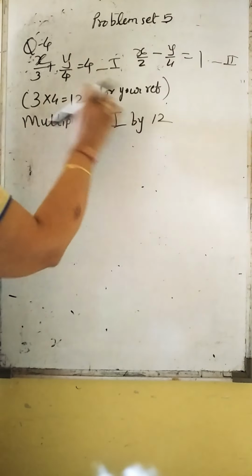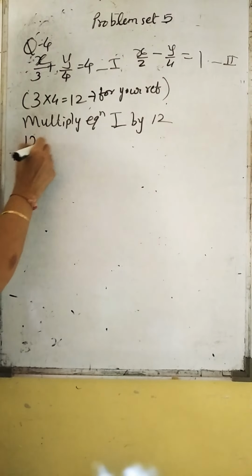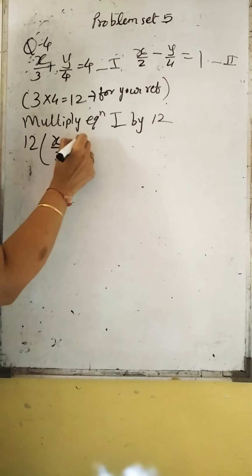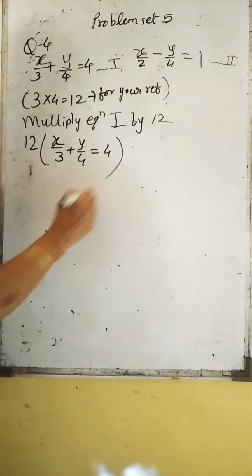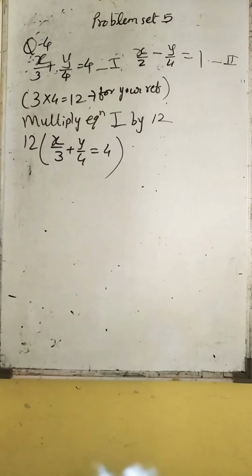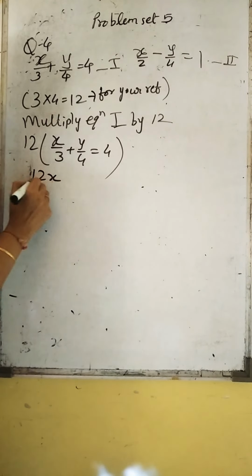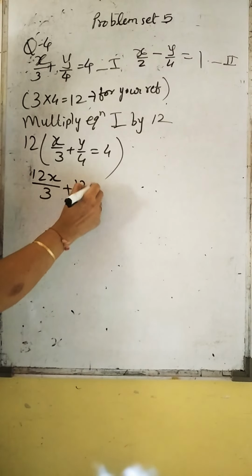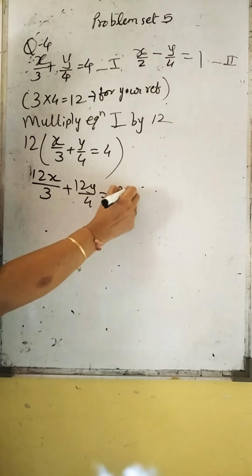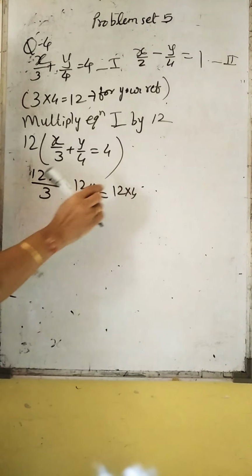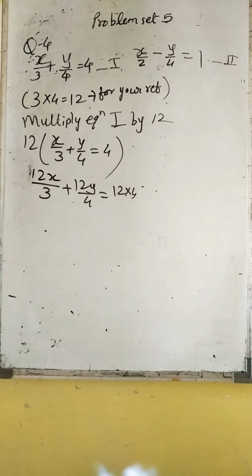Why do we have to multiply by 12? Because 3 4s are 12. So multiply by 12. And please observe the way I am doing the multiplication, because many children make mistakes in doing the multiplication. So you have 12x upon 3 plus 12y upon 4. Multiply each term by 12. Clear this much? Anyone would like to ask anything here? Okay.